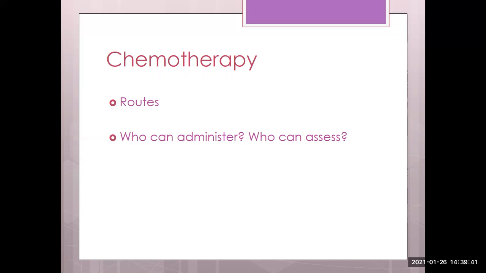So common areas that it can affect are the bone marrow, the GI tract, the hair, and, well, as part of the GI tract, orally. That's why there tends to be so many more side effects with chemo compared to some of the radiation.